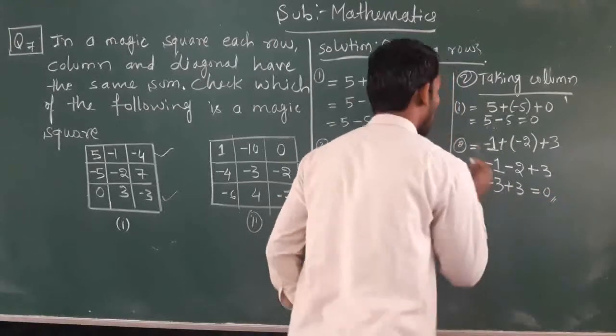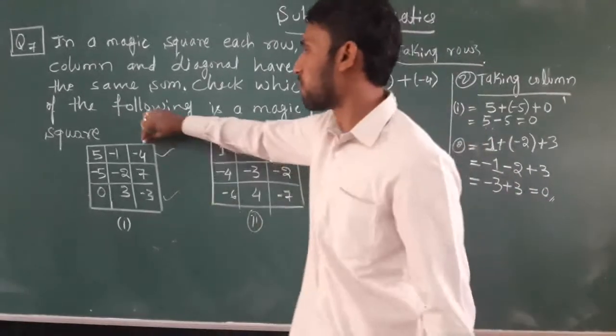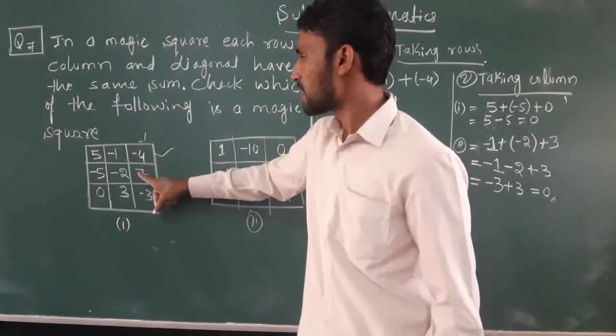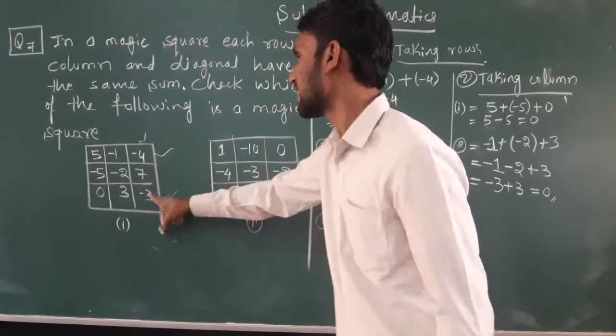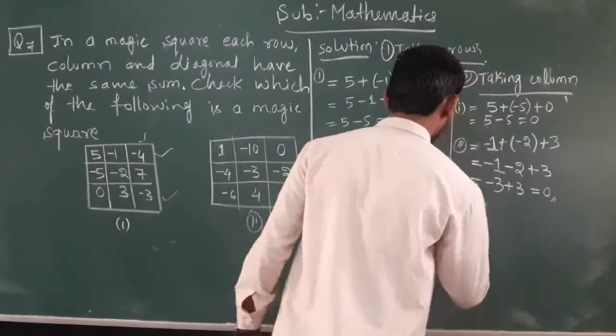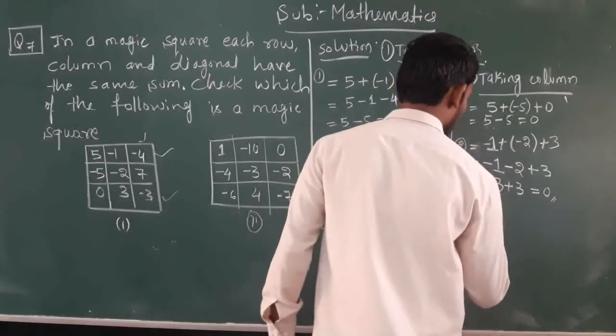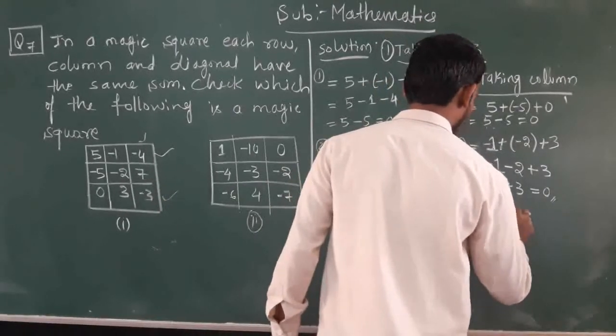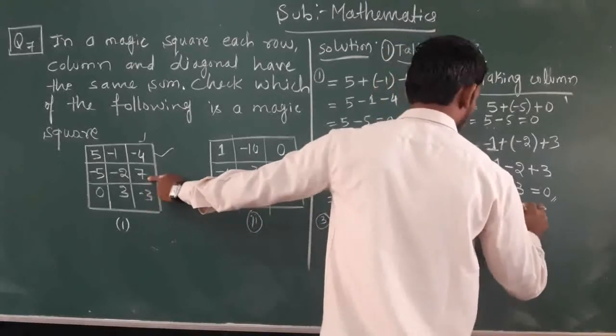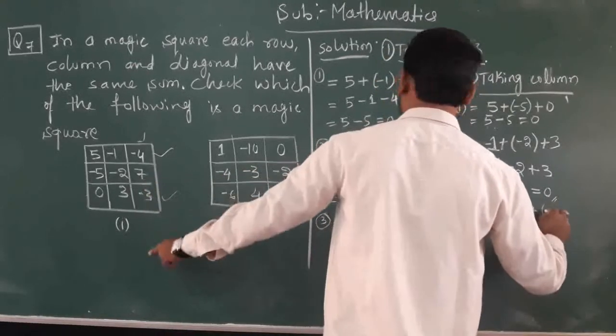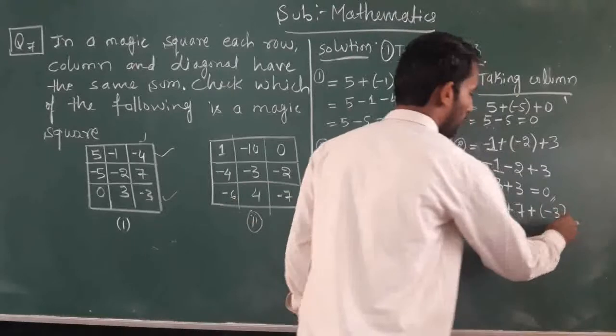This is the third column. Next I am taking here the fourth column: minus 4, 7, minus 3. Minus 4 plus 7 plus minus 3.